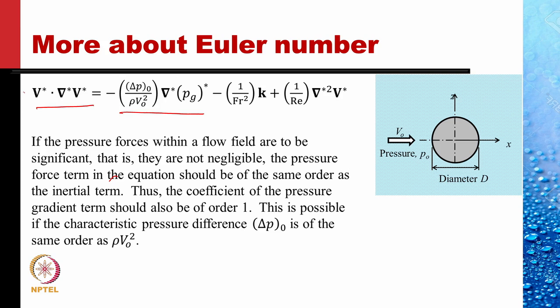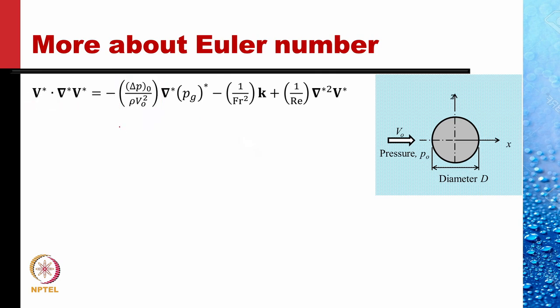The coefficient of this is 1. So, this coefficient should also be of order 1. This is possible if the characteristic pressure difference delta P0 is of the same order as rho V0 squared. In this equation, it is customary to set delta P0 as 1/2 rho V0 squared.